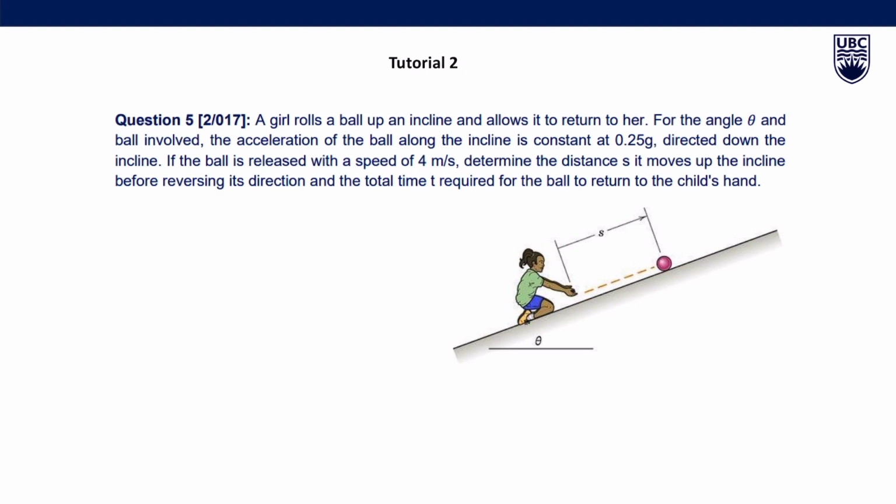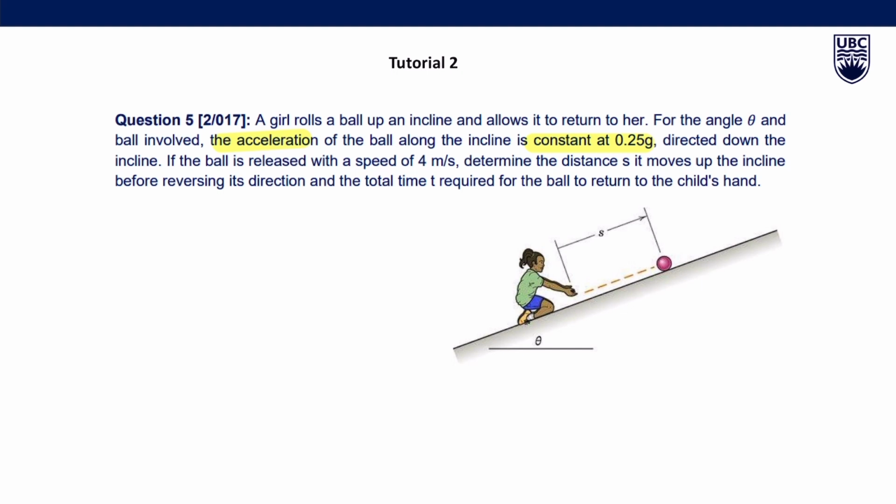So again, ask yourself to see if it is a constant acceleration question or not. It is a constant acceleration question. Why? Because here it says constant. The acceleration is constant. It means you can use one of those 3 equations that I mentioned.